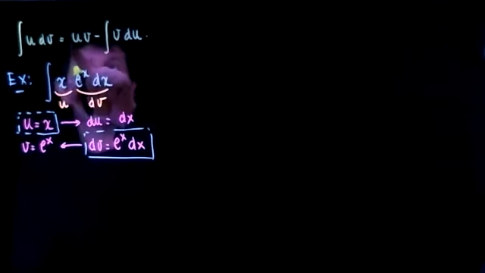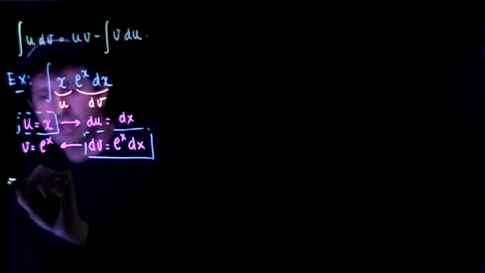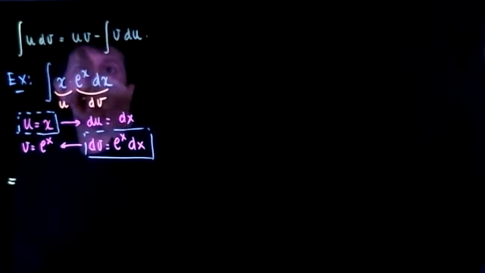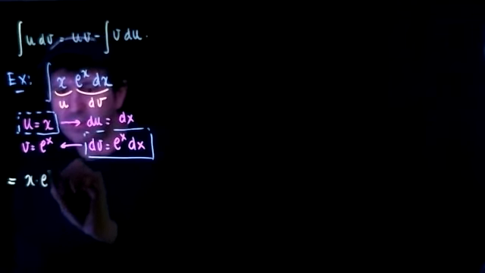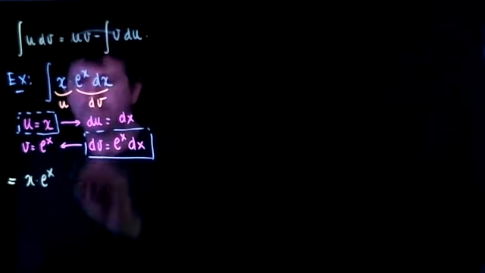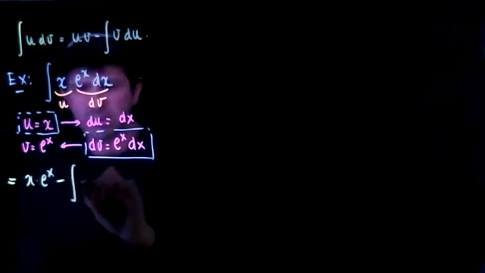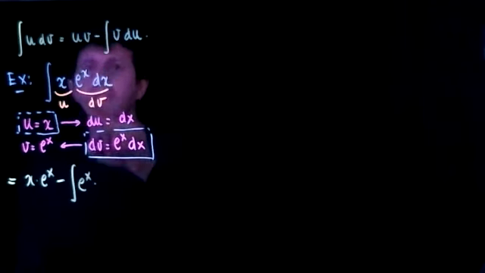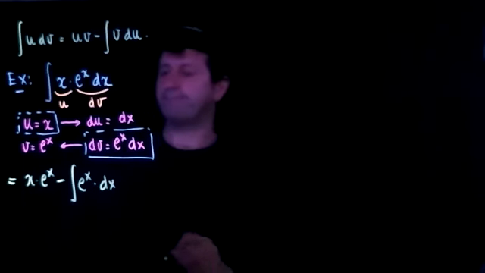So now I'm going to apply my integration by parts formula. So it's equal to u times v, so it's x times e to the x, right? That's uv, minus the integral of v, which is this guy, times du, which is dx.